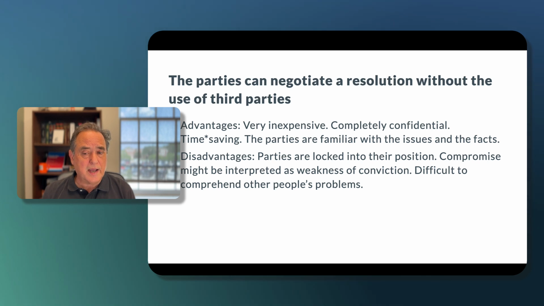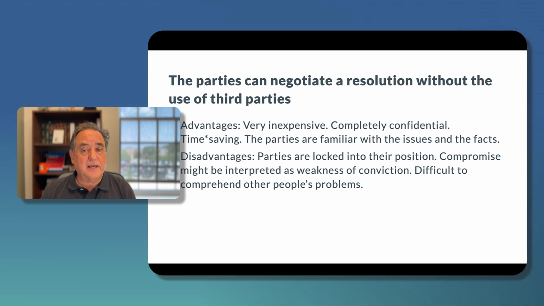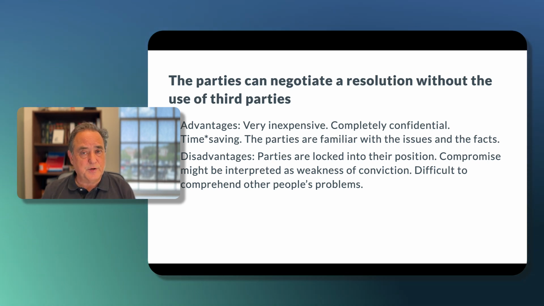And so this is why we utilize other methods of dispute resolution instead of simply negotiating a solution.